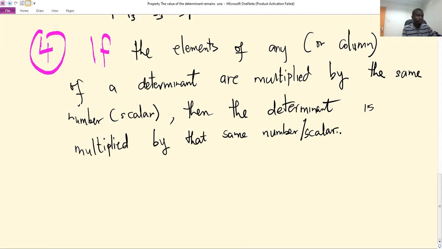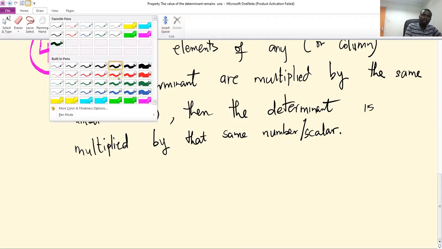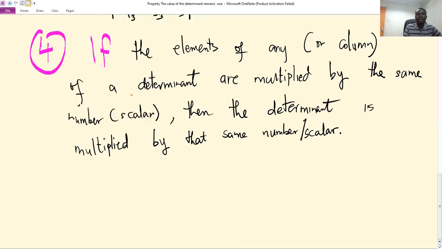That is, whenever we have a determinant in which any row or any column has a common scalar multiplying all its elements, then the value of that determinant is simply that scalar times the determinant of the matrix before you multiplied that scalar into the row or the column.